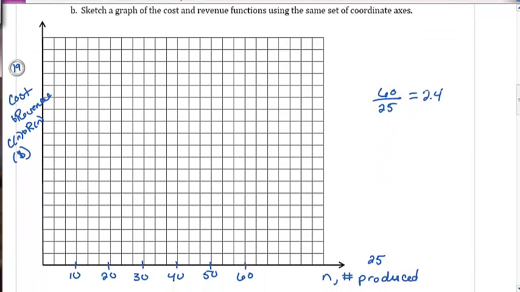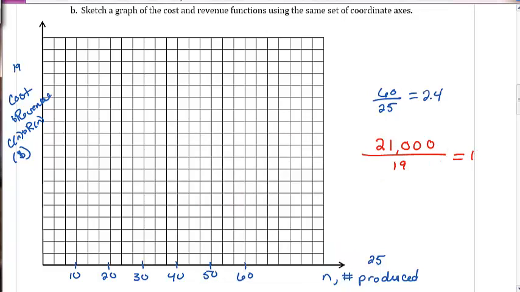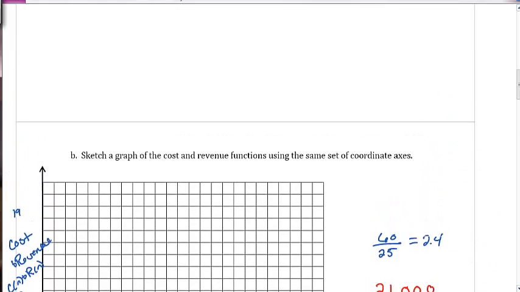So over here, 21,000 is how big I need to go. And we need to divide that by how many tick marks we have, 19. And so we get 1105. And really you'd have to go up to 1106 to make it fit on your graph.